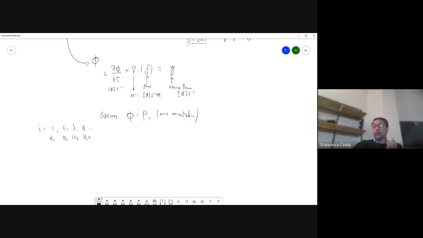Why is it tricky? Because, well, we're considering a number of different continuums, okay? So one for hydrogen, one for oxygen, one for CH4, H2O, and so on. So you have to think of those as being superimposed one on the other. So they're sort of penetrating continuums, okay?